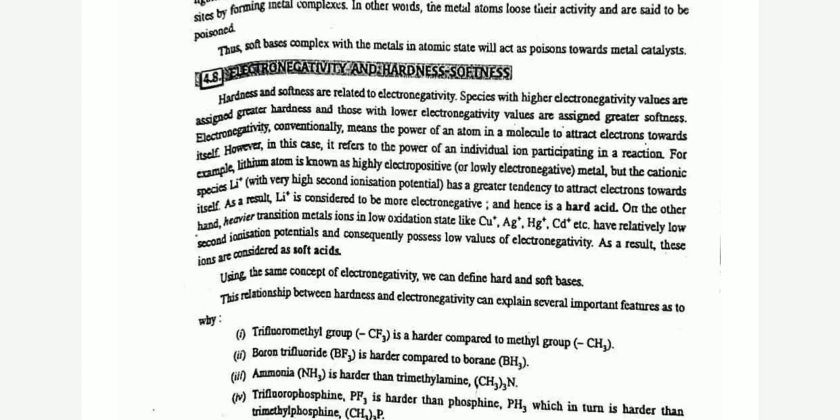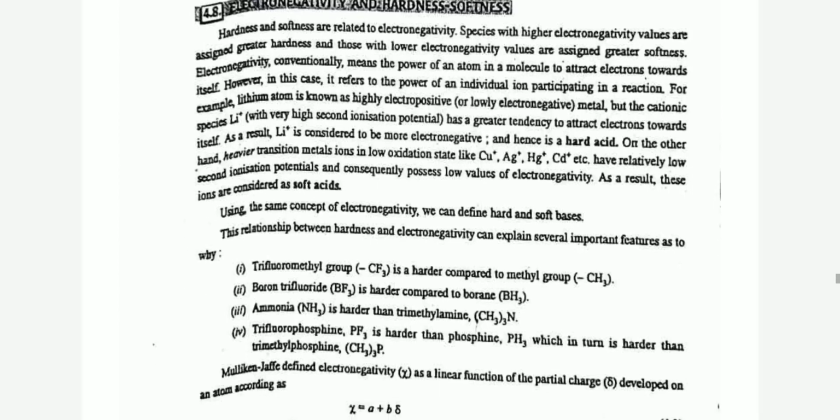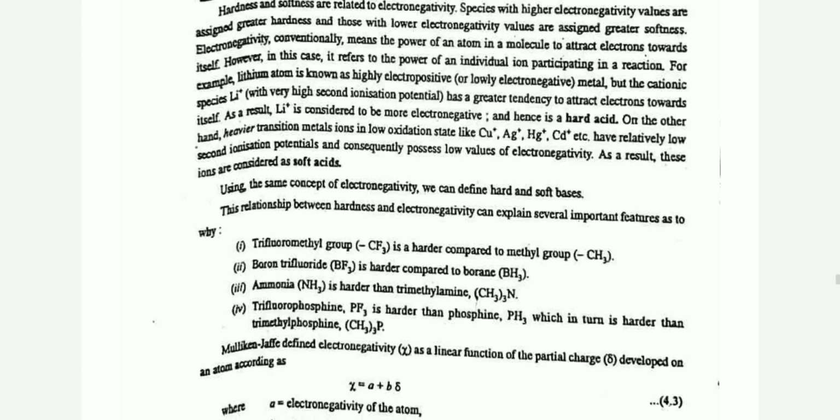For example, lithium atom is known as a highly electropositive or lowly electronegative metal, but the cationic species Li+, with a very high second ionization potential, has a greater tendency to attract electrons towards itself. As a result, lithium is considered to be more electronegative and hence is a hard acid.